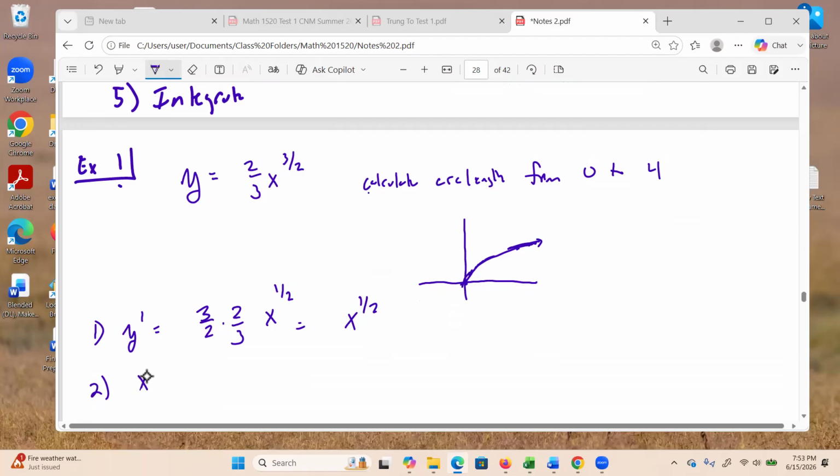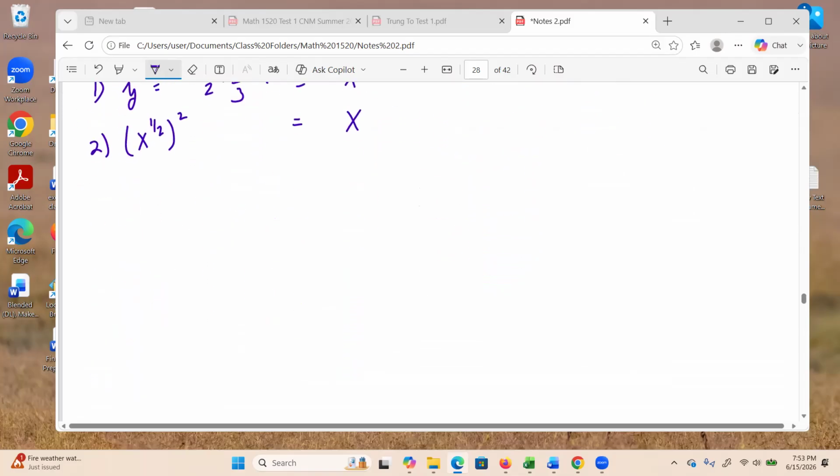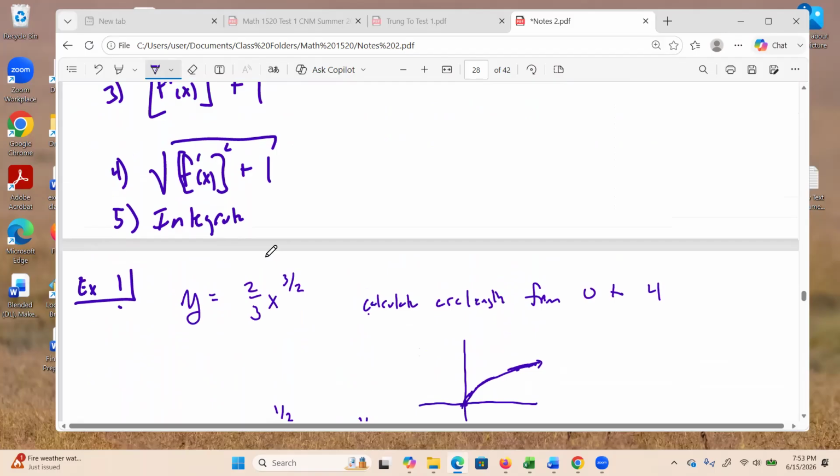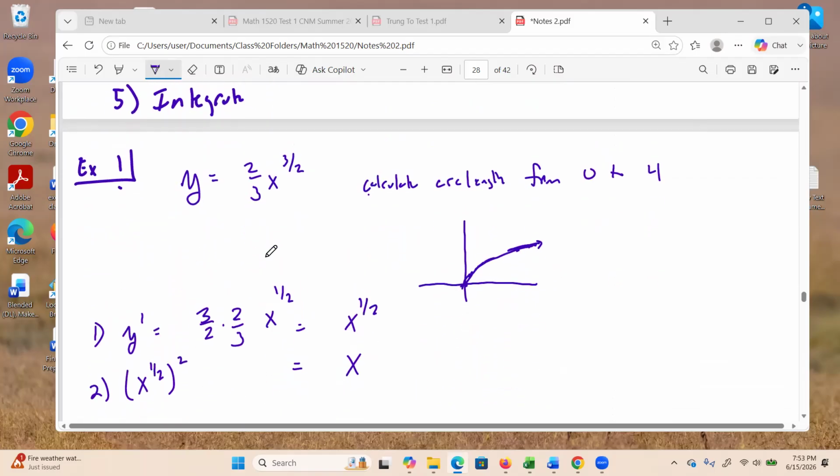So we take x to the 1/2 squared. It's amazing how this works out just perfect, isn't it? It's equal to x. Now we're going to add 1, so we have x plus 1, and we apply our square root to this thing. I can't simplify this. This is where it is. So that's my square root of f prime of x squared plus 1.